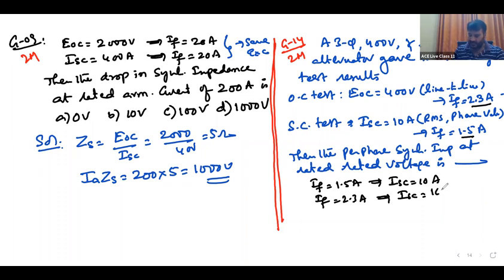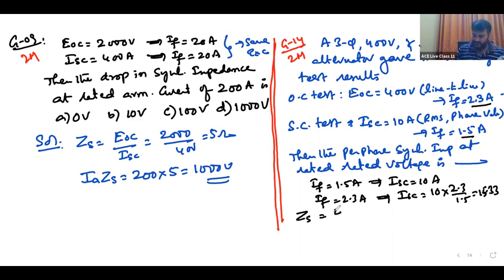ISC is equal to 10 into 2.3 by 1.5. How much? That value is equal to 15.33 amperes.